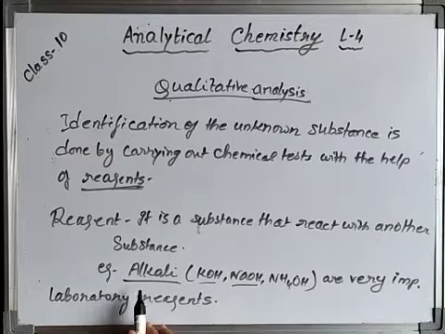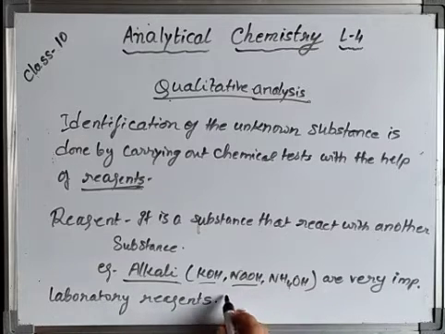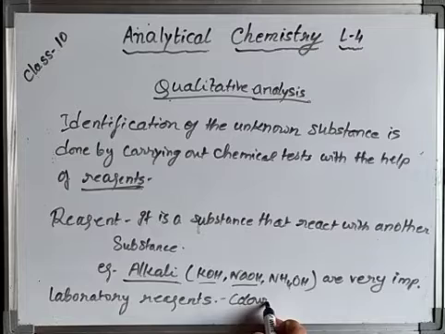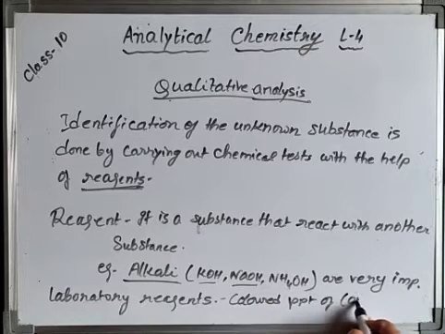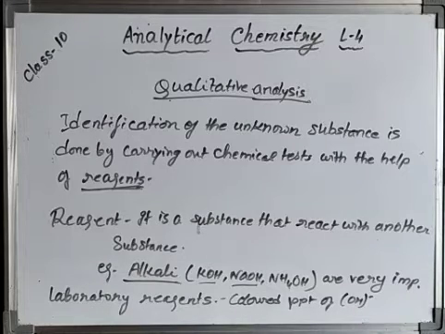So why does this alkali act as a good reagent? Because it always gives the respective colored precipitate of what? Hydroxide. The respective colored precipitates of hydroxides are formed, and in this way we detect what? The metal. The metal comes out in the form of hydroxide.